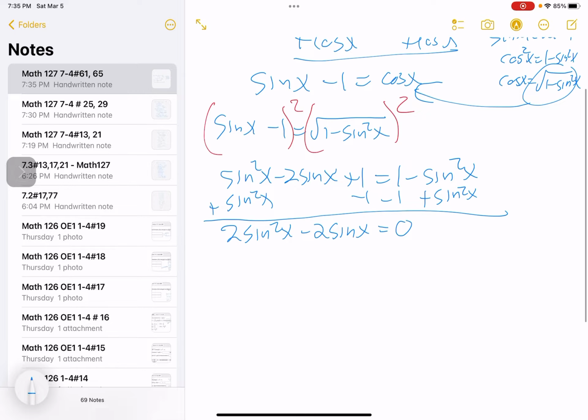And from here, I can factor out a 2 sine x, and I have sine x minus 1. So 2 sine x equals 0. So x would be, let's see, 0 and pi.